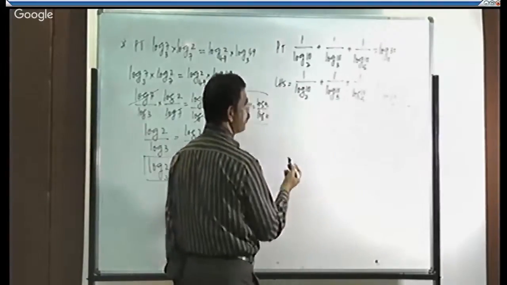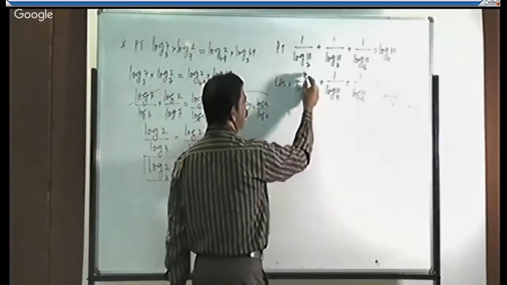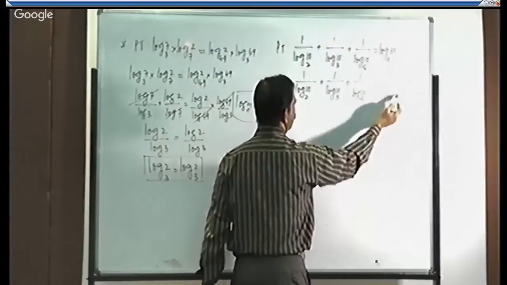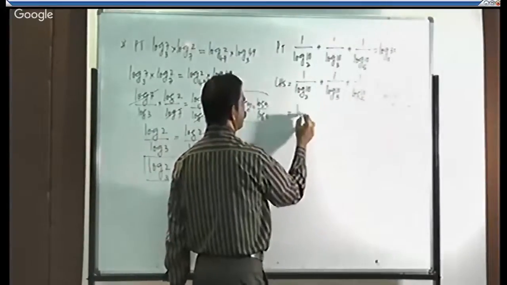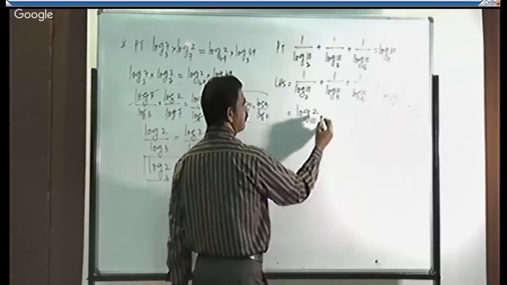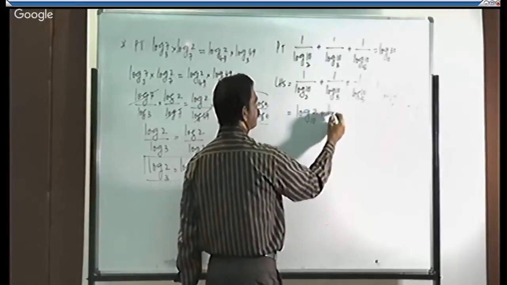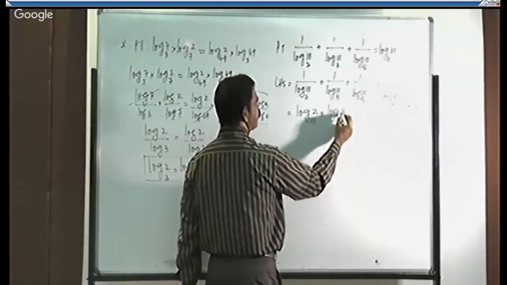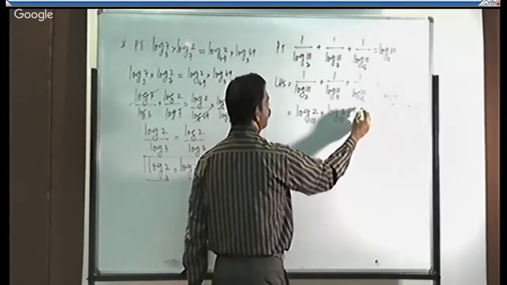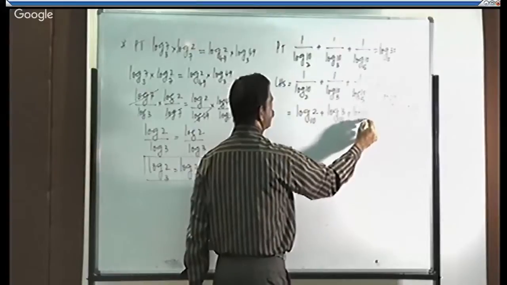all become a common base. See, 1 divided by log of n to the base m is equal to what? Log of m to the base n. So according to that, this becomes log of 2 to the base 10 plus log of 3 to the base 10 plus log of 5 to the base 10.